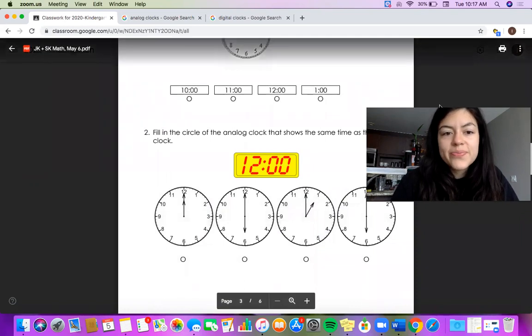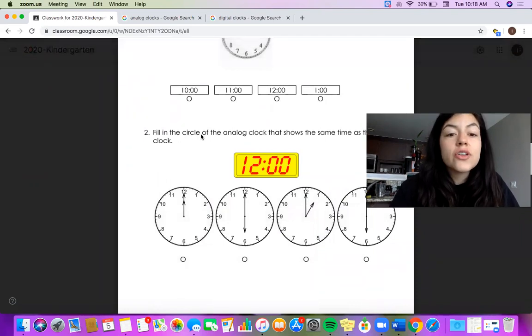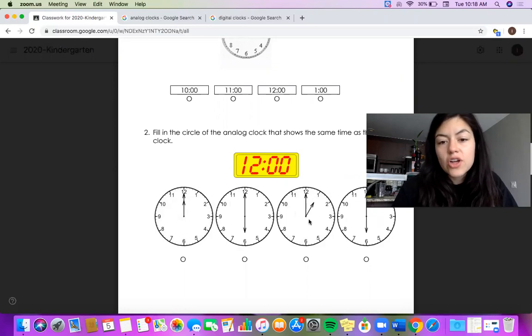For number 2, fill in the circle of the analog clock that's showing you the same time as the digital clock here. So find out what time it is on this yellow digital clock, and then pick the analog clock that is telling you the same time.